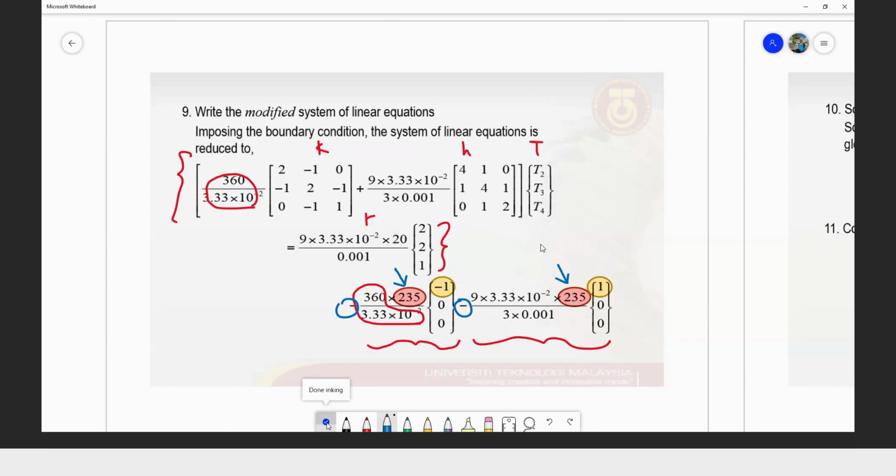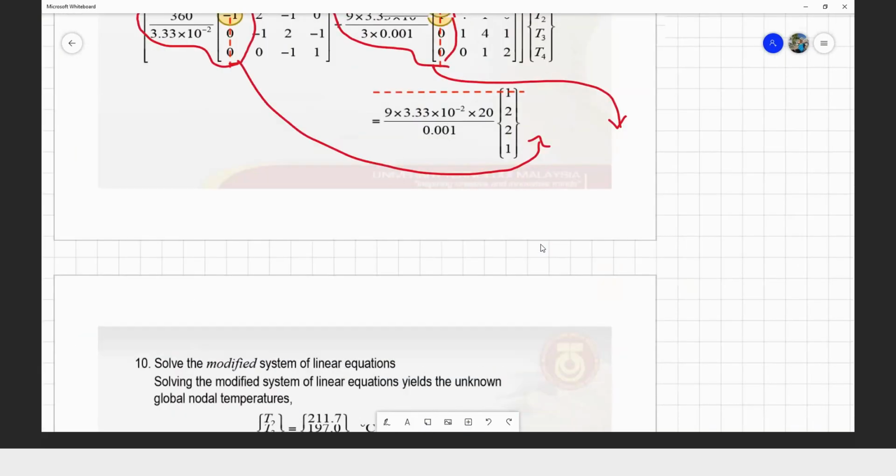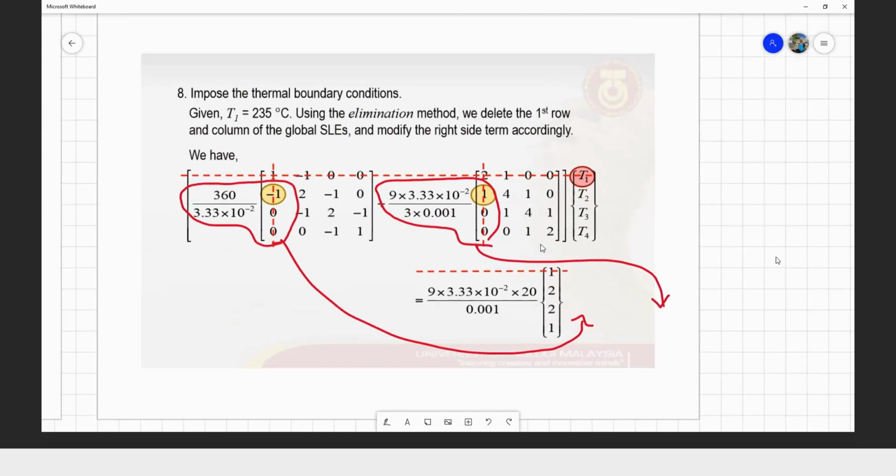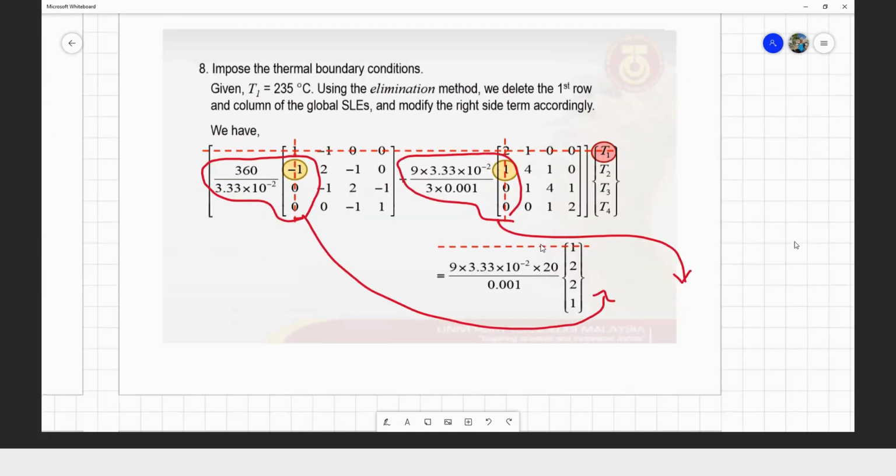So this is how we do the treatment according to the boundary conditions to our system of linear equation. So we remove the row and column, which is we know the temperature. Then we bring the elements from the K and H matrix to the right hand side.